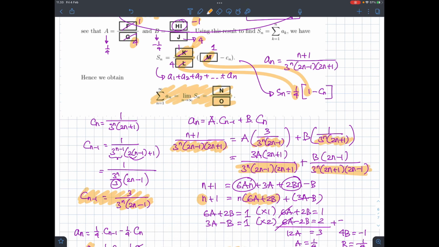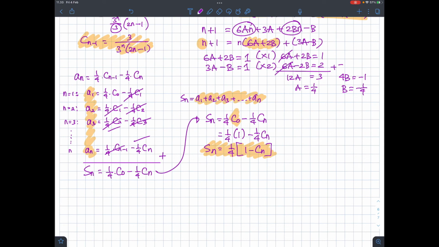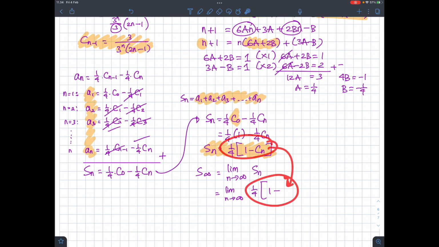Finally, find the sum of infinite, yeah. We want to find S infinite. It means limit n to infinite of Sn. Limit n to infinite, Sn is 1/4 times 1 minus cn, but we substitute cn with this one, yeah.